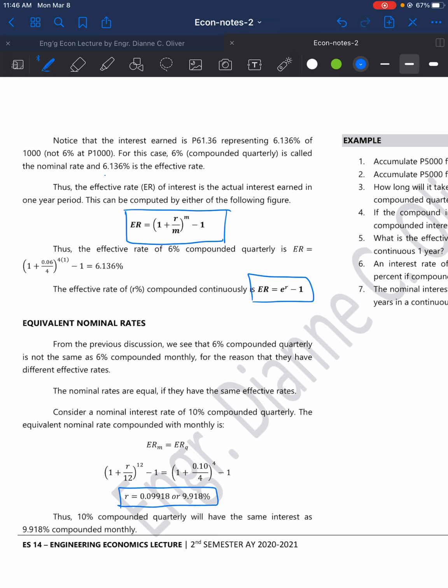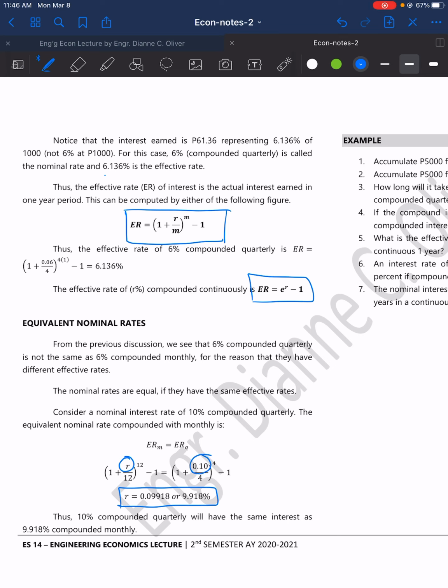R is equal to 9.918% compared with the nominal rate for quarterly. It means that for the effective rate to be equal for monthly and quarterly, the nominal rate for monthly should be 9.918%, and the nominal rate for quarterly should be 10%.